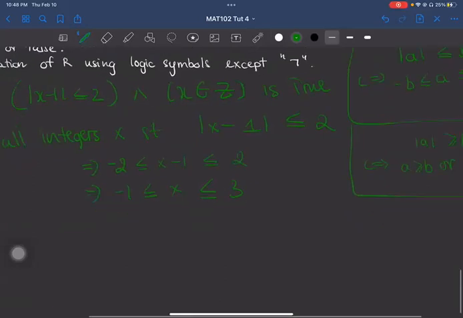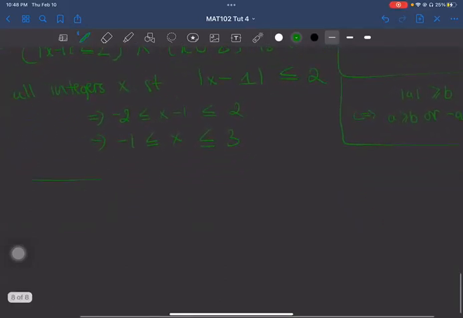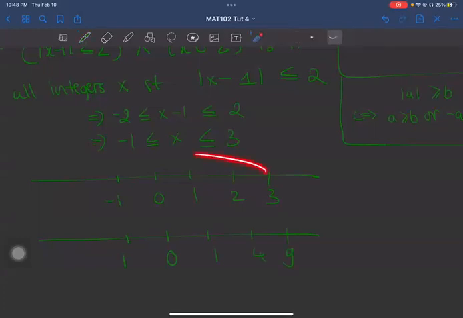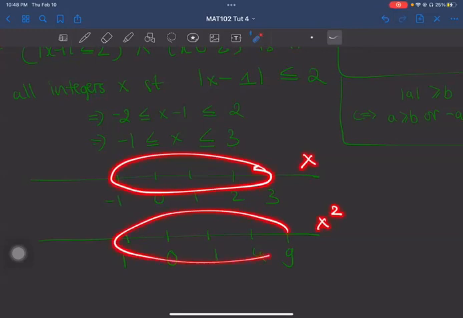So let's look at this on a real number line: you have negative 1, 0, 1, 2, 3. And if you have x squared, this one will be 1, 0, 1, 4, and 9. For x in this range, x squared is in this range.